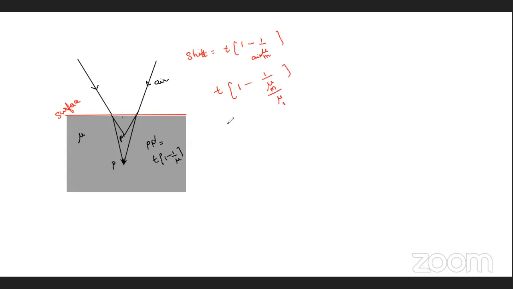Means, sir, that the mu which we wrote is not the absolute index. This is the absolute refractive index only if the medium is air. Clear, sir.